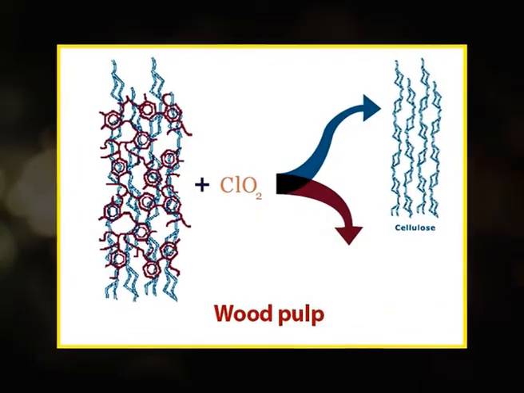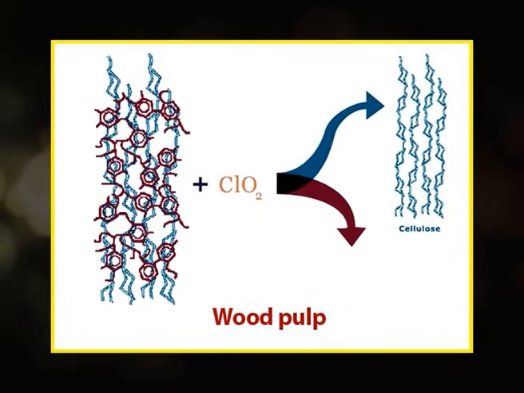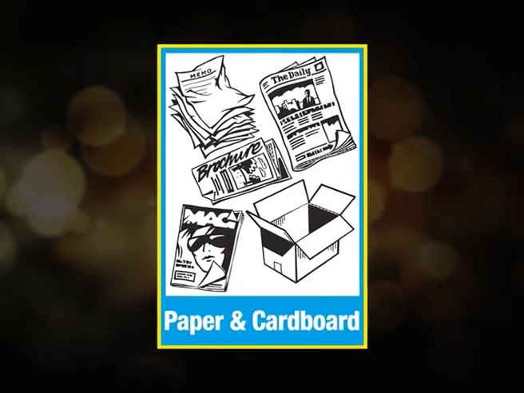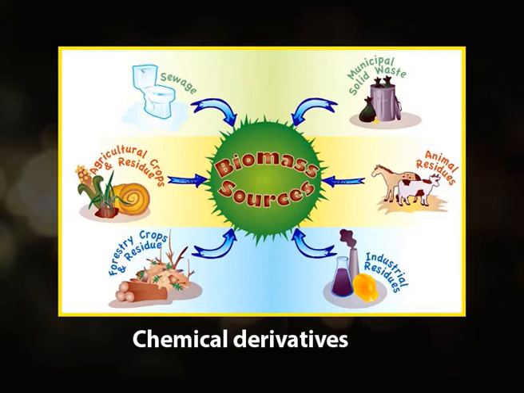Wood pulp is the main source of processed cellulose, the bulk of which is converted to paper and cardboard, and about 2%, amounting to just over 3 million tons, into regenerated fiber and films or chemical derivatives.